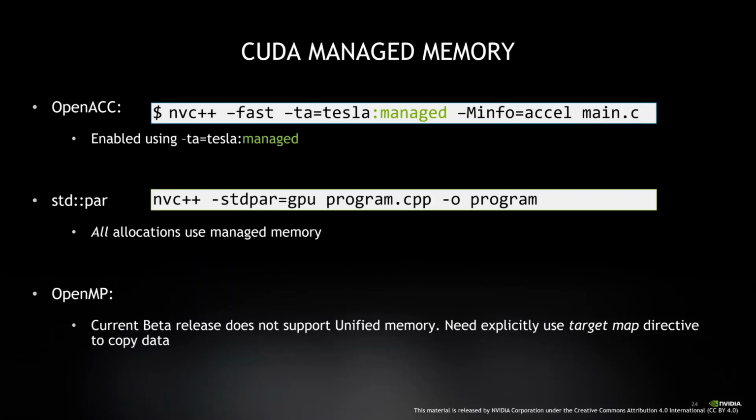All the data movement is handled using the managed memory. And OpenMP at the moment doesn't support the managed memory model, but that's not to say it isn't on our roadmap to do something about that. But at the moment, you still need to use the target map directive within OpenMP to move the data around.